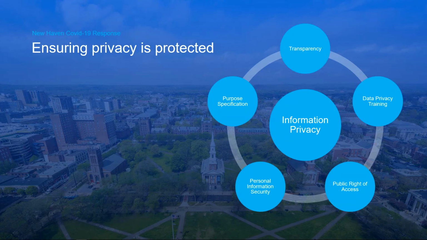So we worked very closely with the health director, with the communications director, and all of those people that had access to the granular level data to ensure, okay, what do we want to show? What do we not want to show? And why do we or do we not want to show it?